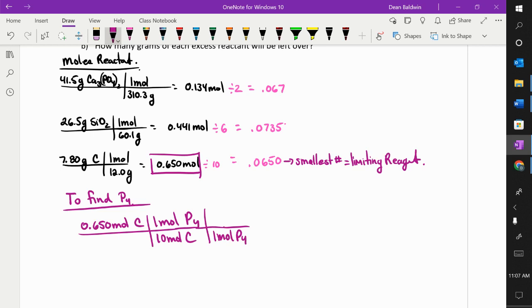What's 4 times 31? 124.0 grams of P4. Your units all cancel, and you're left with grams of P4. So we're going to get 8.06 grams.